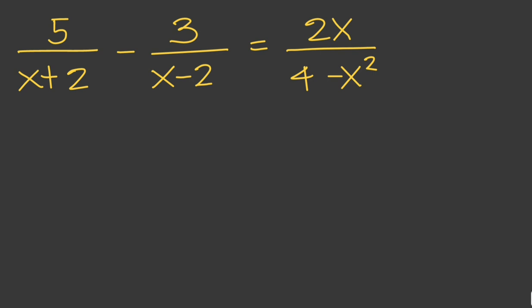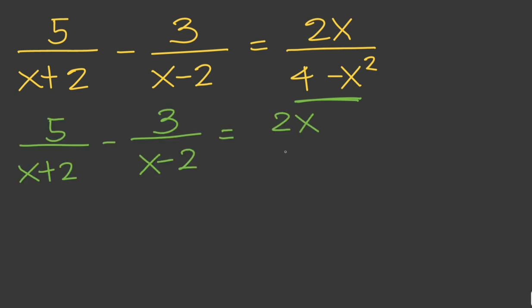So the same method or process, we need to get the LCD. But take note here that we have a difference of 2 squares. So we need to factor this before finding the LCD.